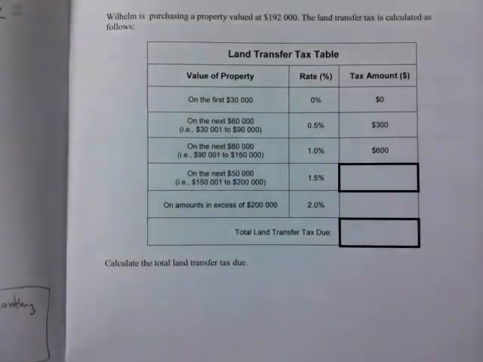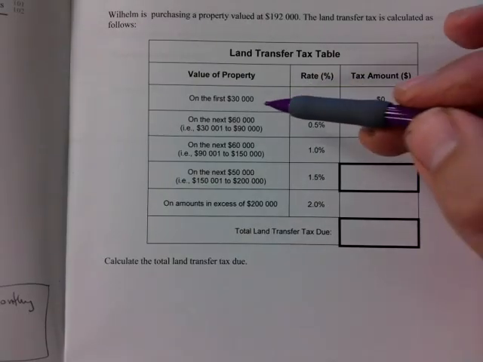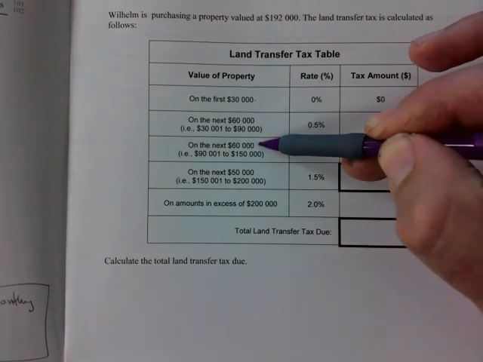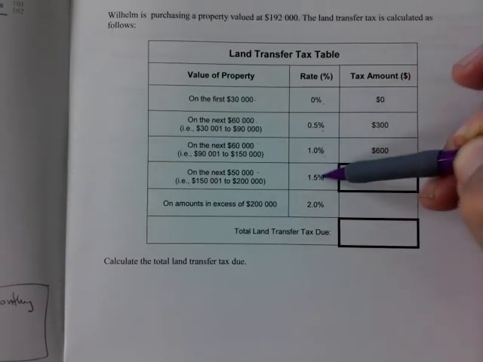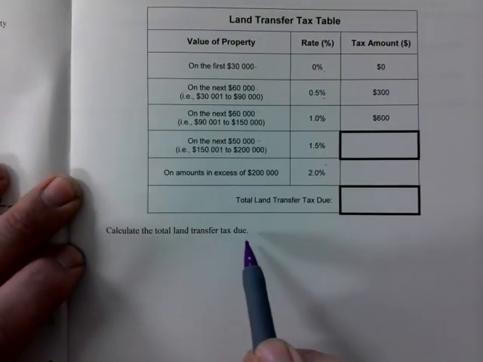Okay, Wilhelm is purchasing a property valued at $192,000. The land transfer tax is calculated as follows. And here's your land transfer tax, and they have the amounts that we subtract and the percentages that are assigned. Calculate the total land transfer tax due.